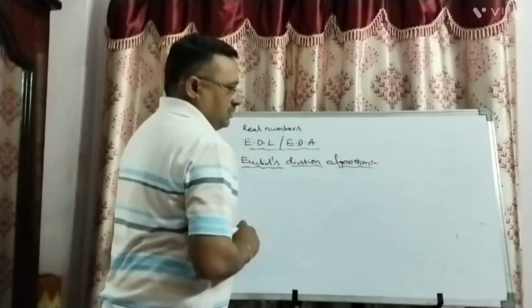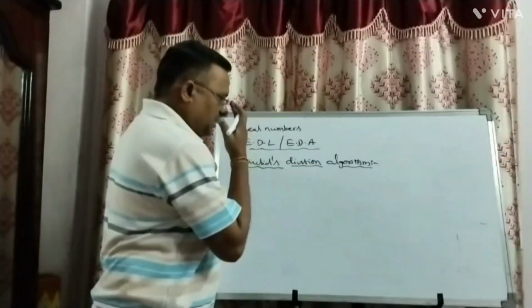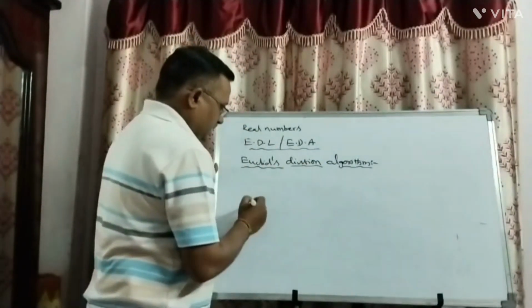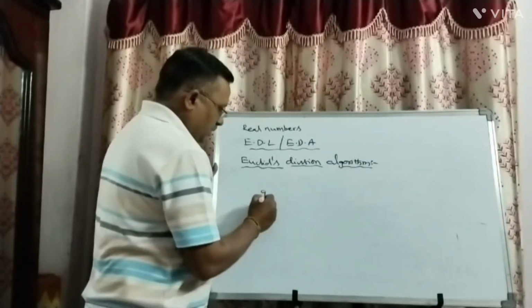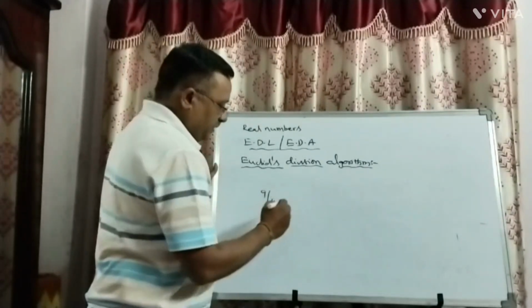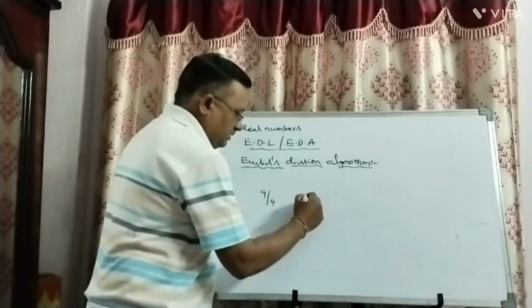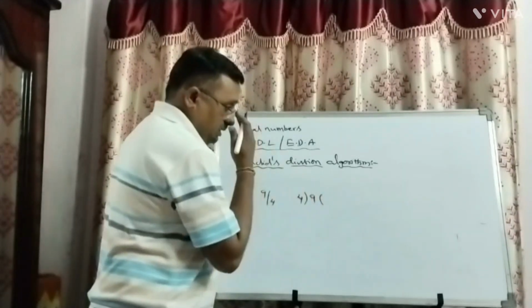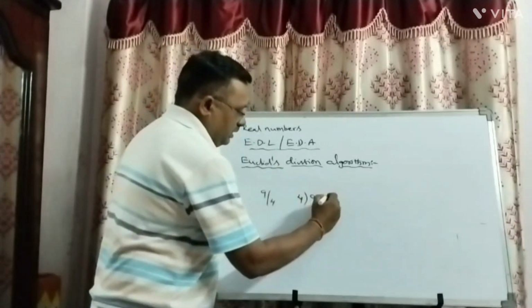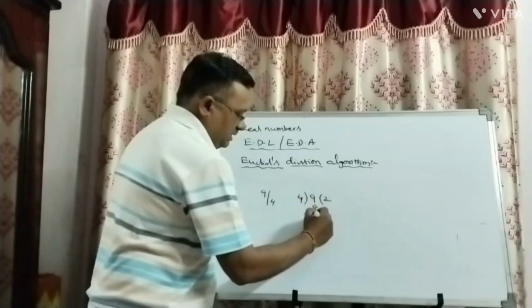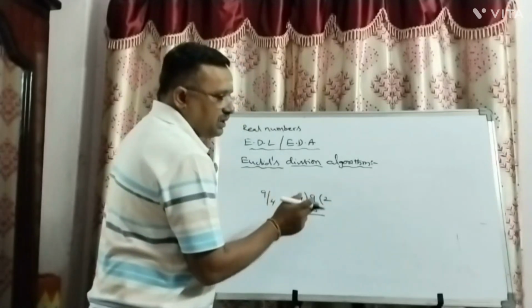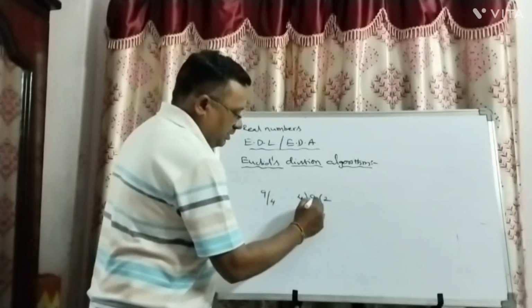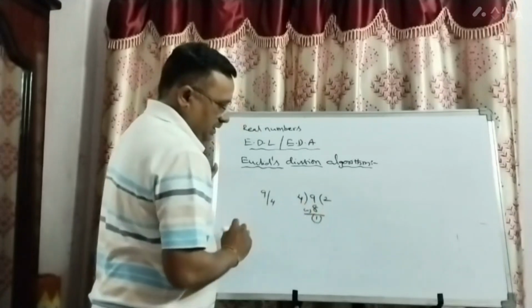It explains to us, in the earlier classes we already know the long division process. For example, if 9 wants to be divided by 4, we will do the process with 9 as the dividend and 4 as the divisor. 4 times 2 gives you 8. Division is nothing but continuous subtraction, so subtraction will go on and it remains 1 as the remainder.